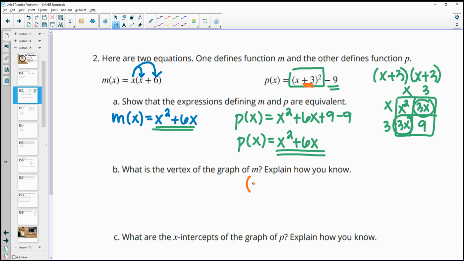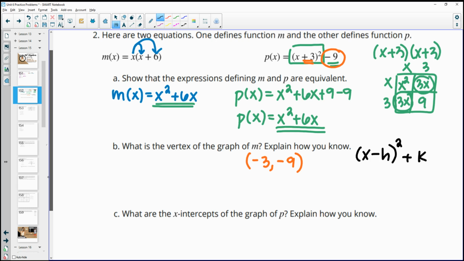So instead of positive 3, it's going to be negative 3. And then this one is exactly the same. And so that's negative 9, because in vertex form, okay, it says x minus h, meaning x with the opposite of the x coordinate. And then it says plus k, which means that this is exactly what it looks like, okay? Because it just says add on the k term, so you'll see the k term. So this is the vertex.